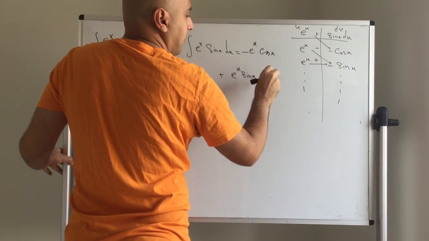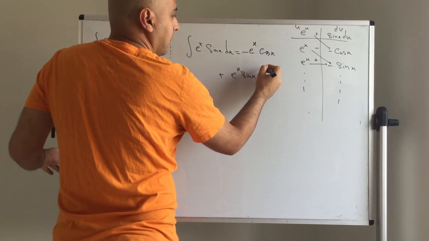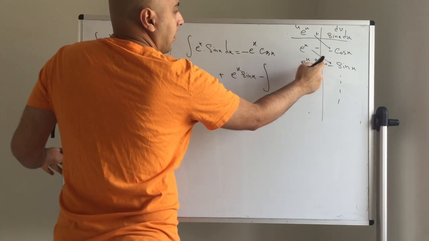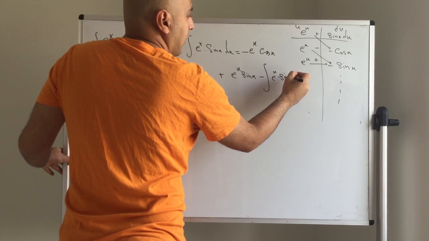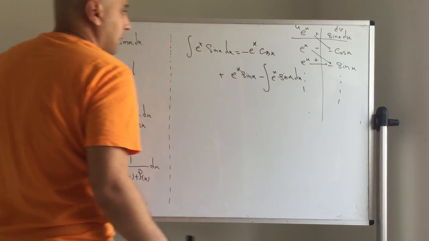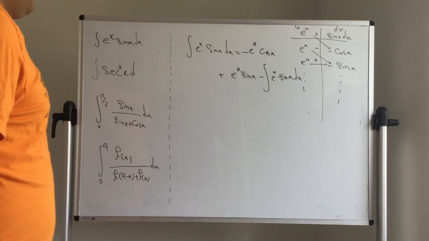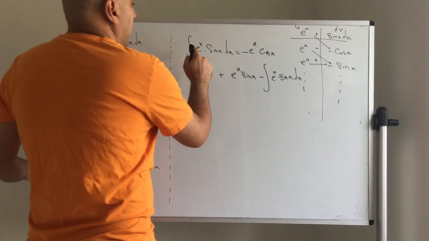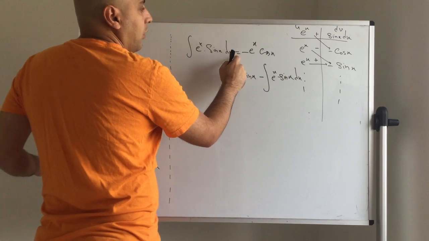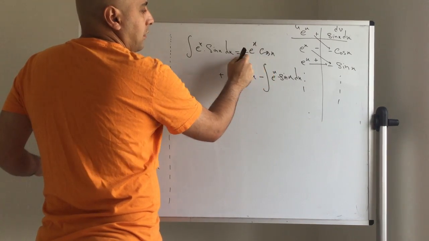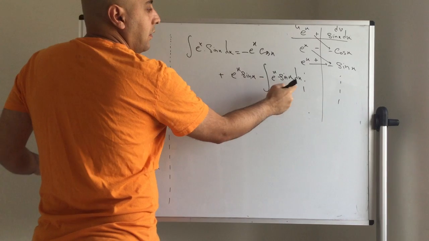Then the last part is the integral of e power x sine x dx. So here we have e power x times sine x equals this one plus this one minus this one.